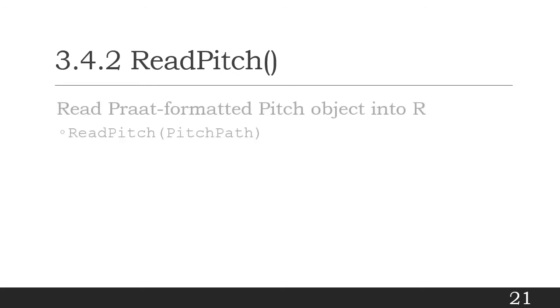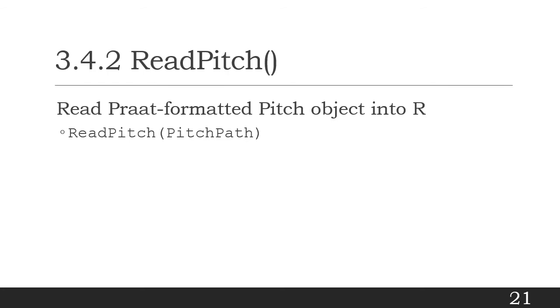The next function we'll be talking about is readpitch. Just like it says in the name, this function reads Praat formatted Pitch objects into R. So if you go into Praat and you create Pitch objects as a part of doing your pitch analysis, you just need to do save as text file.